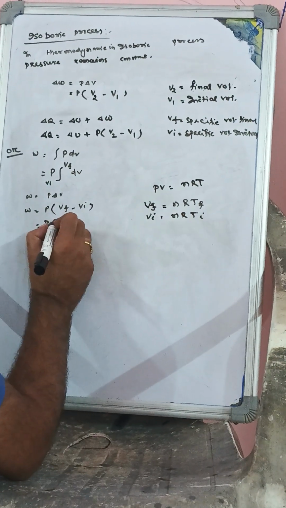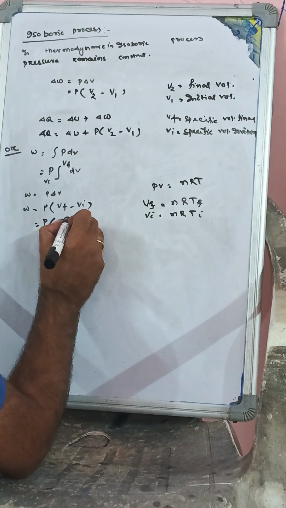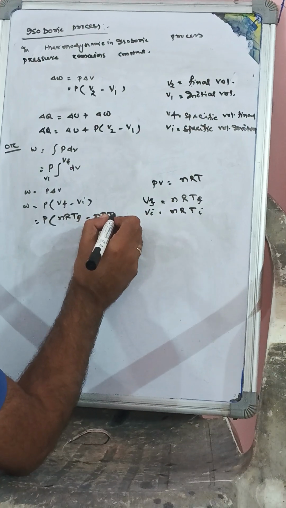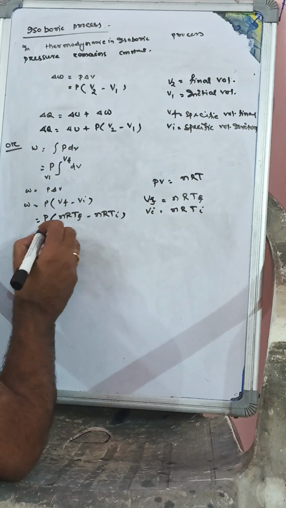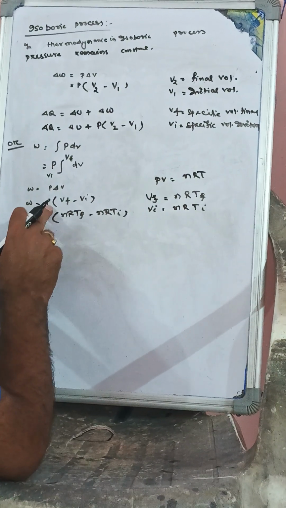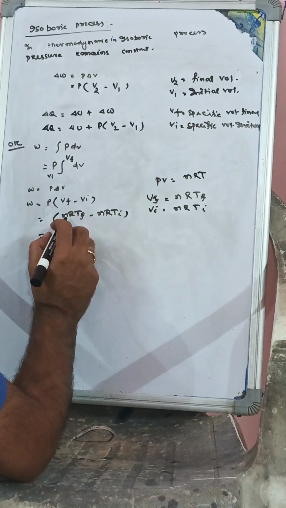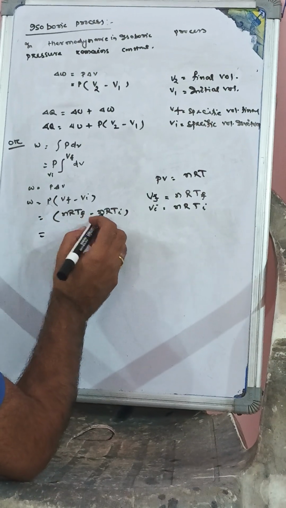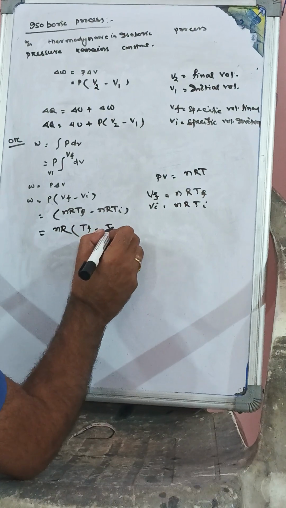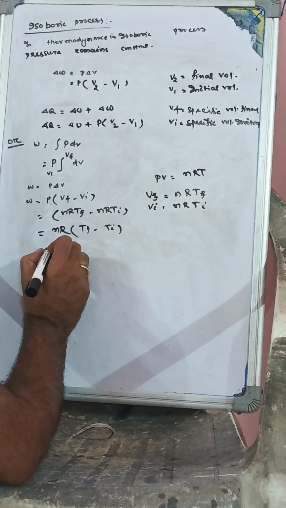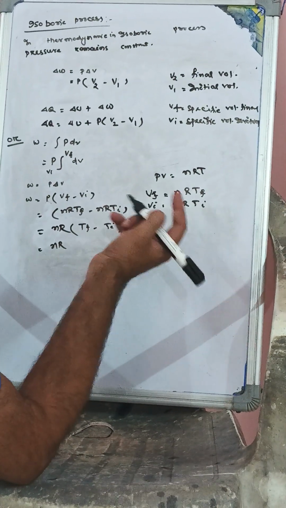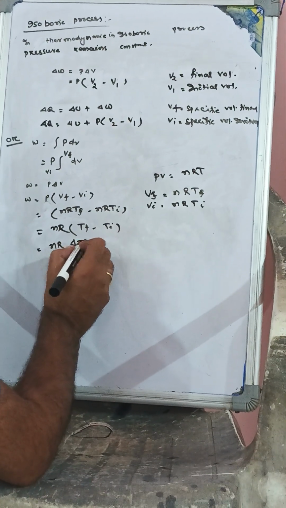So we put this, P into nRTf minus nRTi. Taking nR common, nR(Tf minus Ti), that is change in temperature.